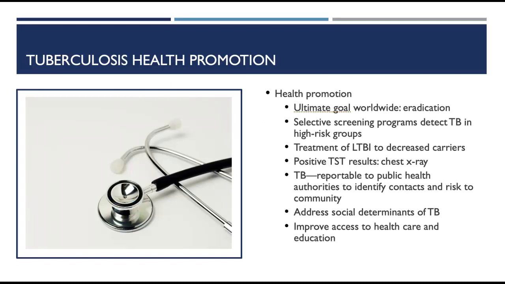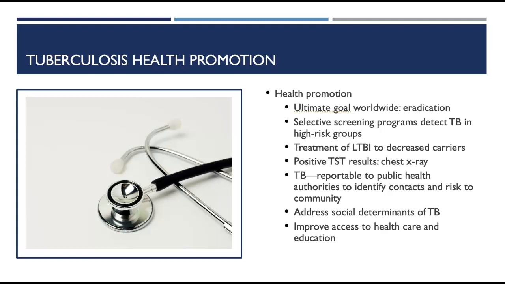Tuberculosis health promotion. Ultimately, we want to eradicate TB worldwide. Selective screening programs to detect TB in high-risk groups is one of the ways we can help with that. We need to make sure that we are treating latent TB infections to decrease the carriers. If somebody has a positive tuberculin skin test result, we should have them do a chest x-ray.